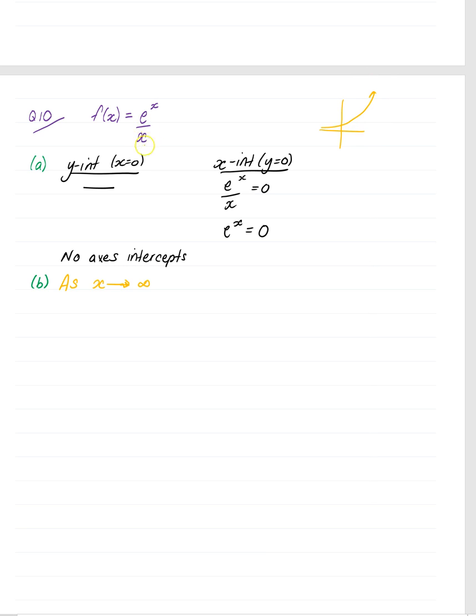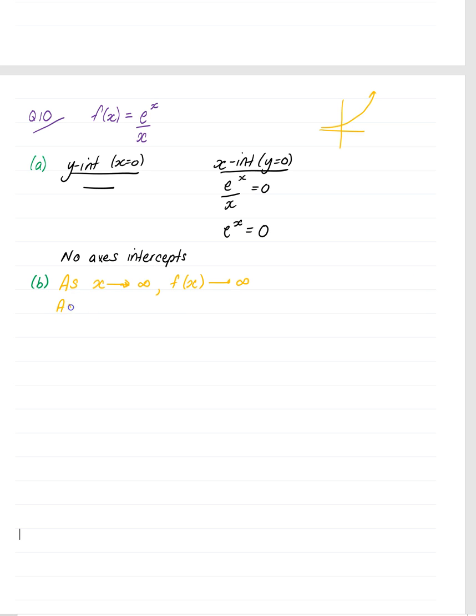And yes, you'd be dividing by a large number, but e to a large number is so much bigger. So check it out on your calculator, put in e to the 20, and you'll see that's a lot bigger than just 20 itself. So what we can assume is that as x is approaching infinity, the function itself is also approaching infinity.